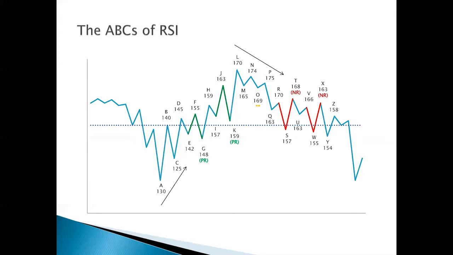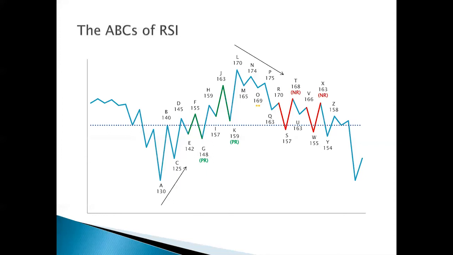But this chart, if I tried to mark it starting just A and C as a bullish divergence, then a rally to 145, then a sell-off to 142, and then a new high point F at 155, and then a sell-off to where I marked it, letter G, 148, PR, positive reversal. Look at G versus minus E, 6 points, add 6 points to point F. That says 161.